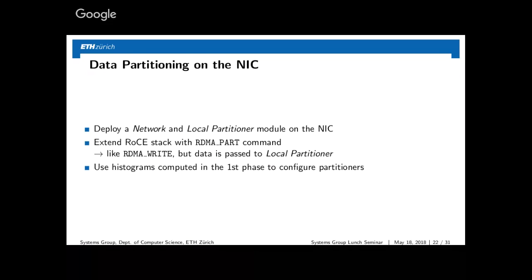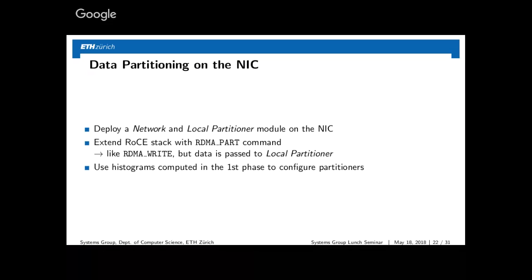So how can we do this? Essentially, we can implement a local partitioning and a network partitioning module on the NIC, and we can extend the RDMA stack with a new command, which we call RDMA part. It's more or less similar to an RDMA write, but instead of directly writing the received data into host memory, we feed it into our local partitioning module.